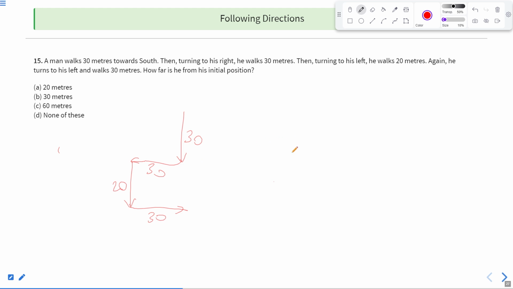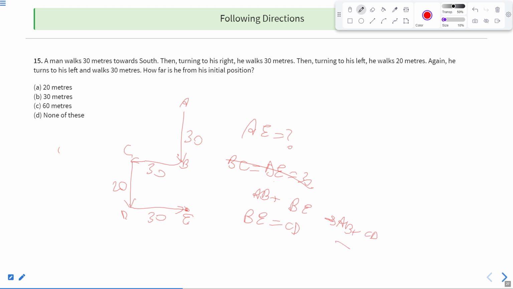Now, this movement of, taking E to be the final point, we know that BC is equal to DE is equal to 30. So these two get cancelled out. So we have AB plus BE. BE is equal to CD. It's the only other southbound movement. So this gives AB plus CD, which is 30 plus 20, which is 50.